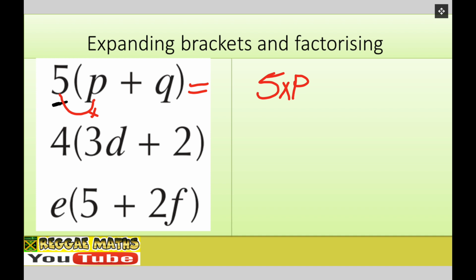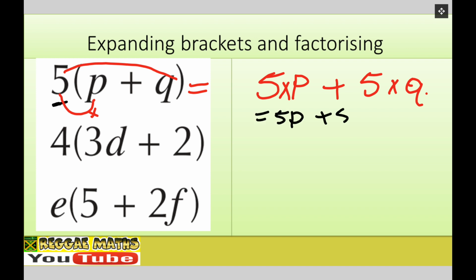Plus 5 times q is 5q, so you've got 5p plus 5q.